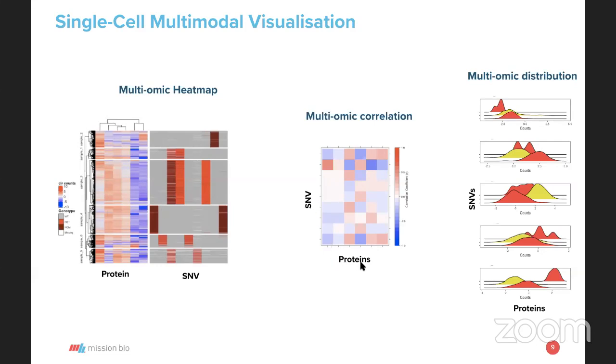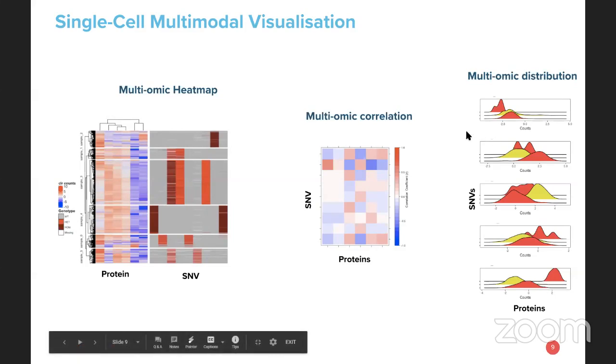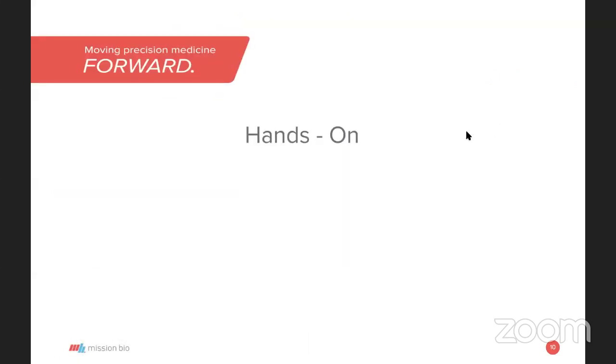We could look at SNV and protein correlation. Each y-axis here would be SNPs and then the protein. And we can also see, in a ridge plot, these SNV clones defined by mutations, and then we can show how each of these proteins is expressed.